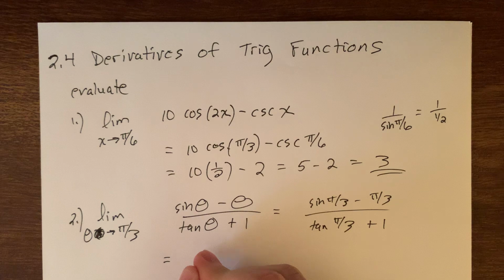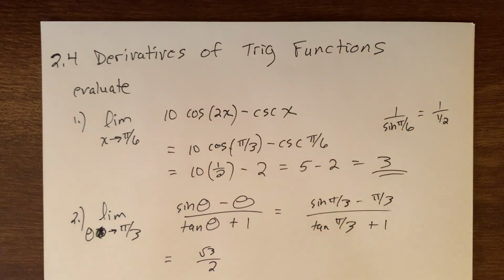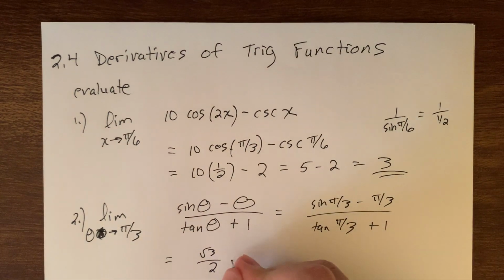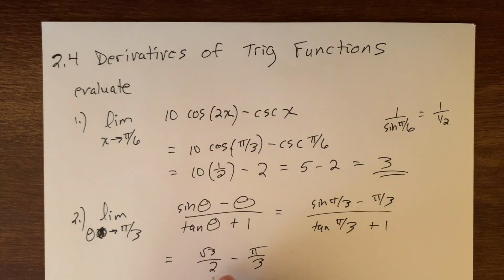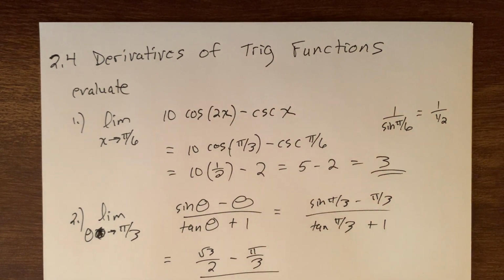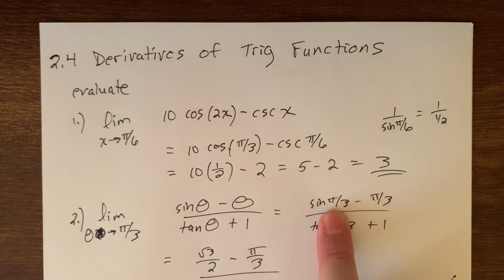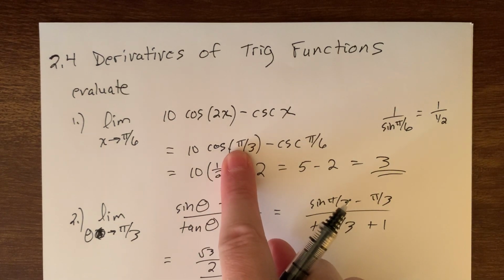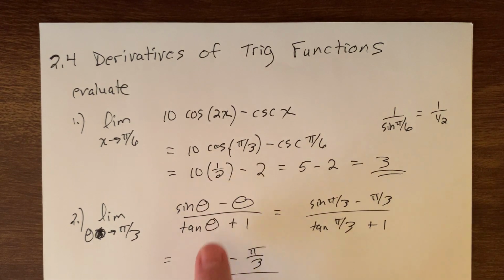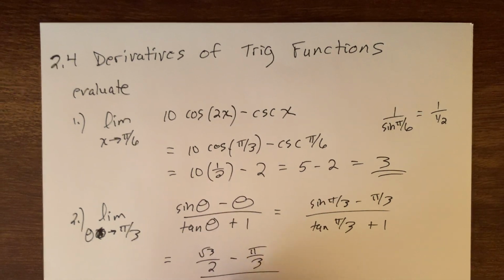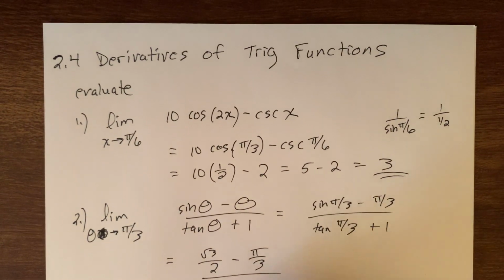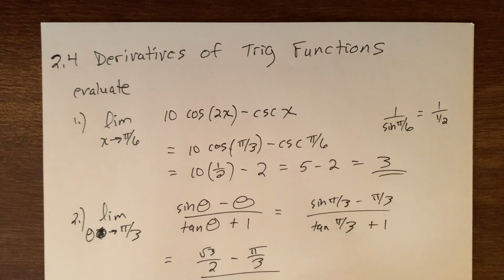Sine of pi over 3 is the square root of 3 over 2. And the pi over 3 is still just there. Tangent of pi over 3, I have to do sine of pi over 3 divided by cosine of pi over 3. Sine of pi over 3 is root 3 over 2, cosine of pi over 3 is 1/2. So this divided by this would just be root 3. And the plus 1 is still there.